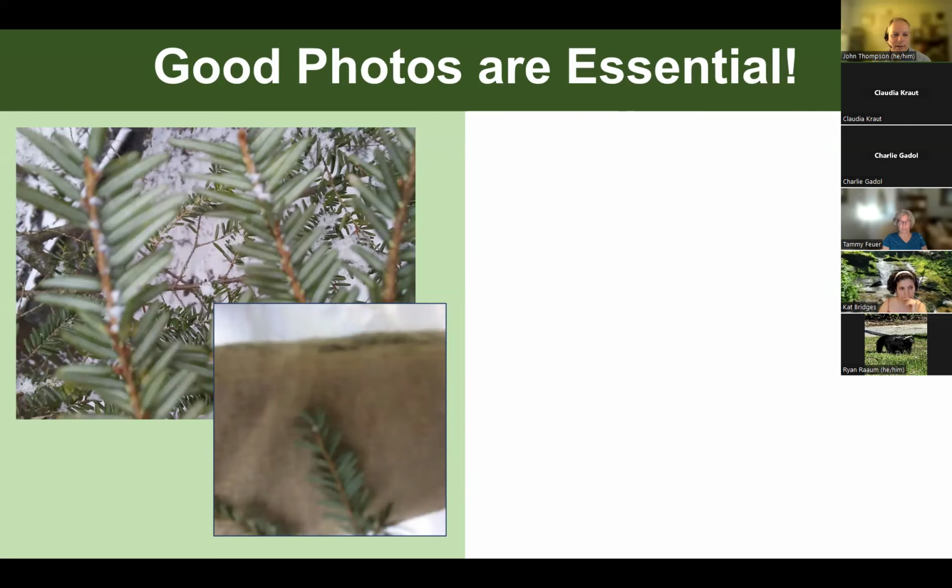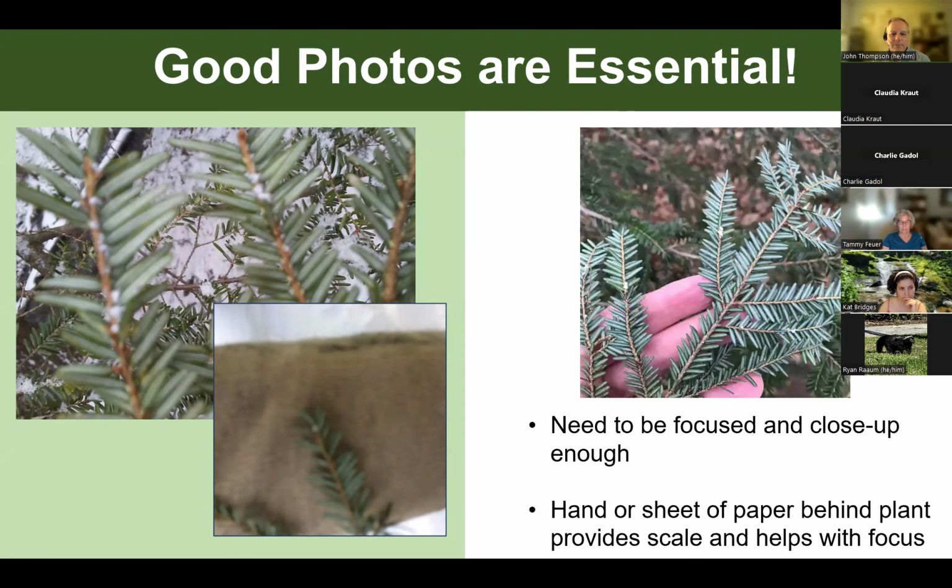So it's really important that you take good photos. You need to know what characters you're looking for, and you need to be focused and close up enough to take a good photo.